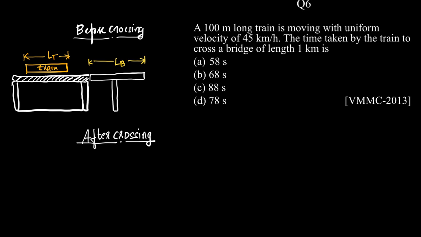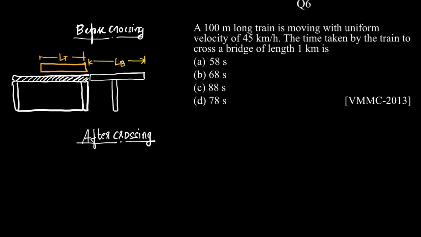Now what happens after crossing is, I think to make more sense, I should make a small rearrangement here. See, right before the train has started to cross, this is how the train would look like. So this is length of train.